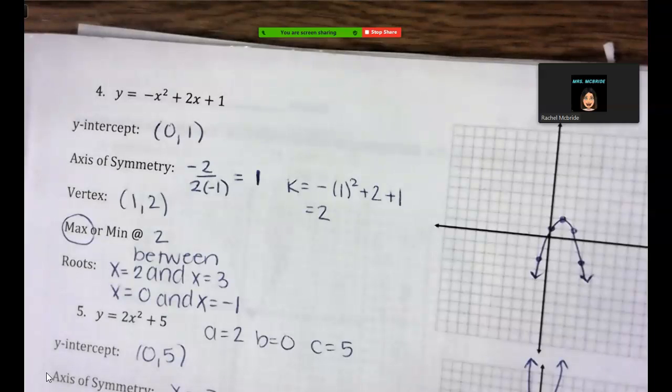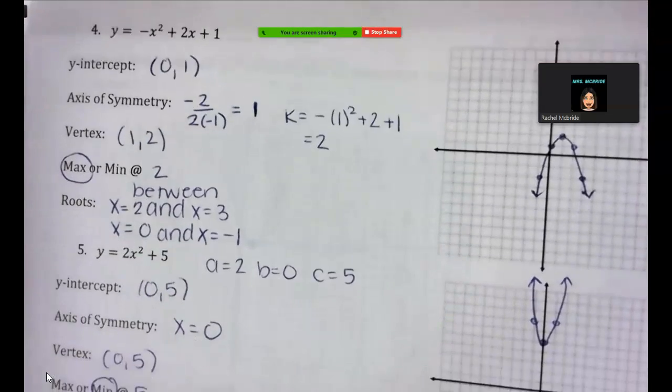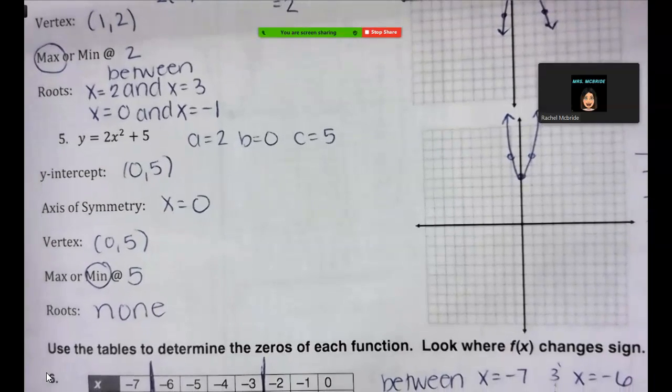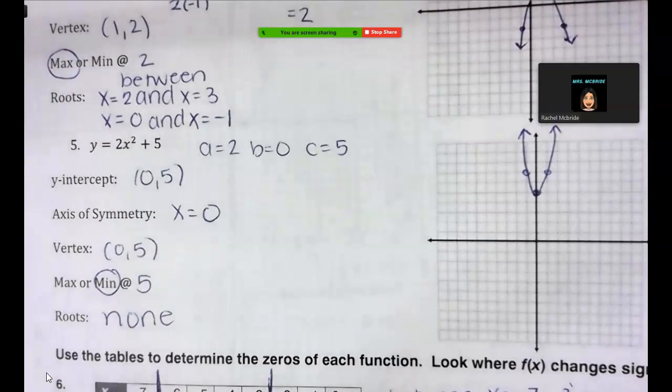You'll probably be happy to know that starting on Thursday, we're moving away from graphing and into factoring, because I know how much we love graphing. So tomorrow's quiz will be our last assessment on graphing.